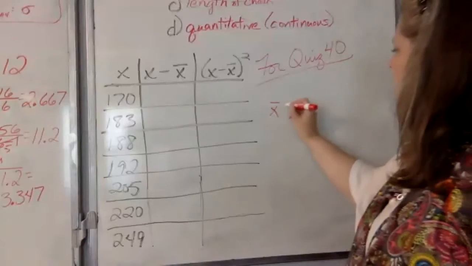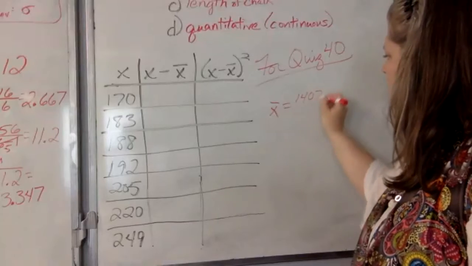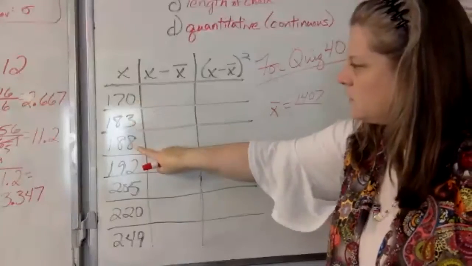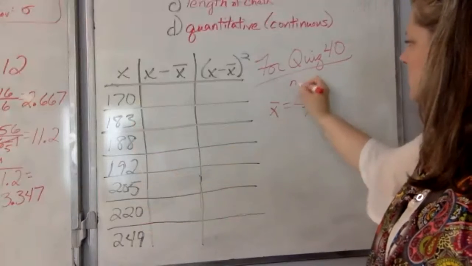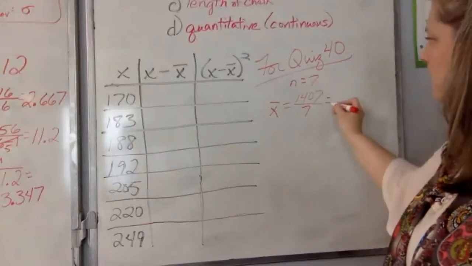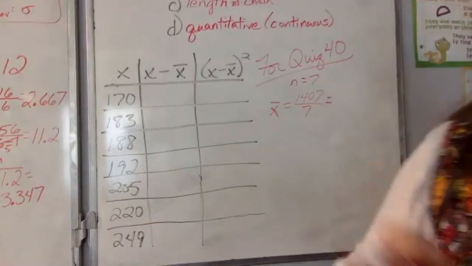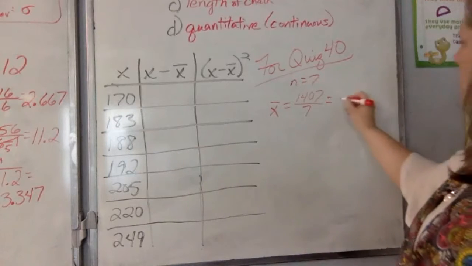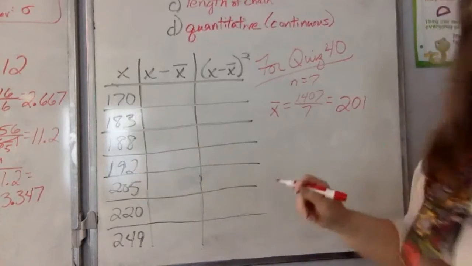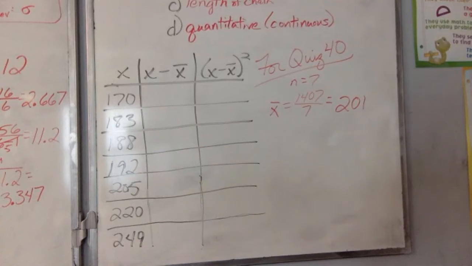I get 1407. And then there are 1, 2, 3, 4, 5, 6, 7. My n is equal to 7. So I'm going to take this, divide by 7, and I get 201. So my mean, or my average, is 201.